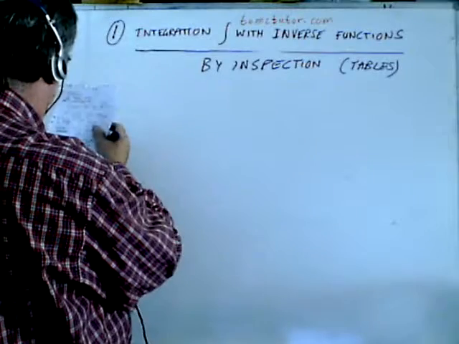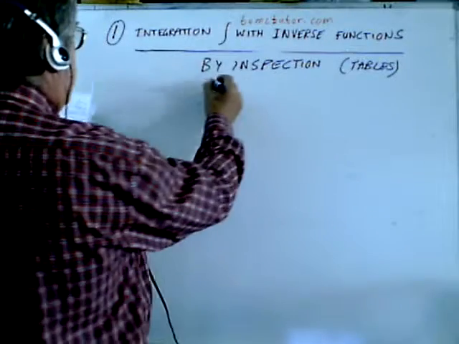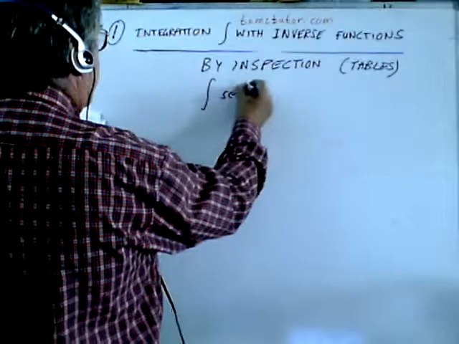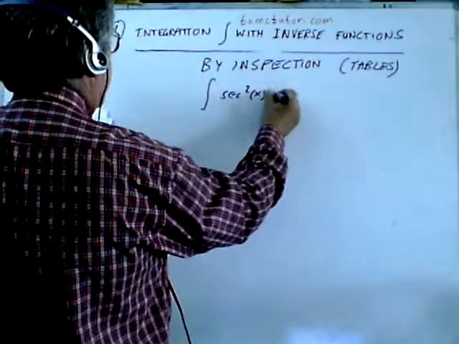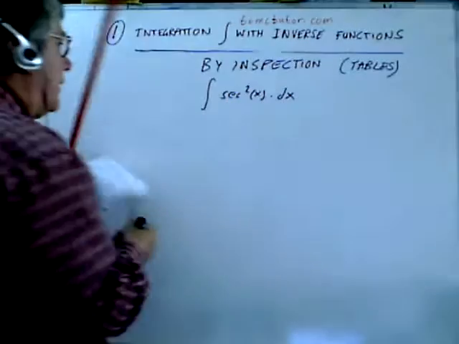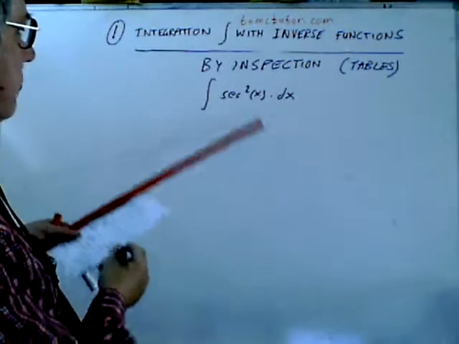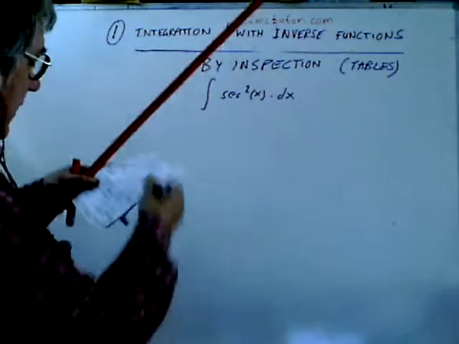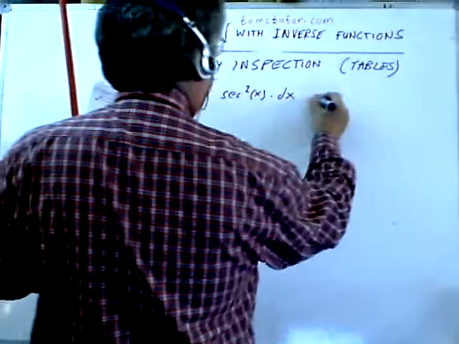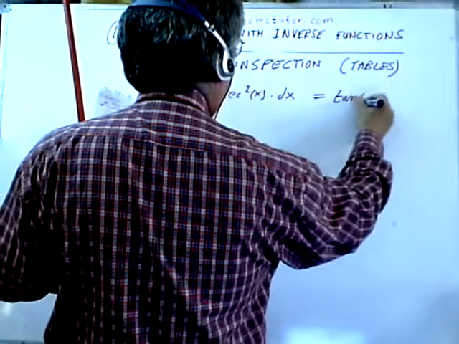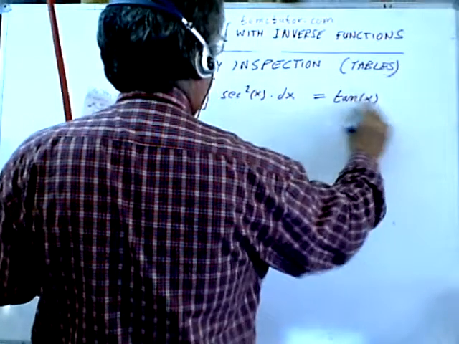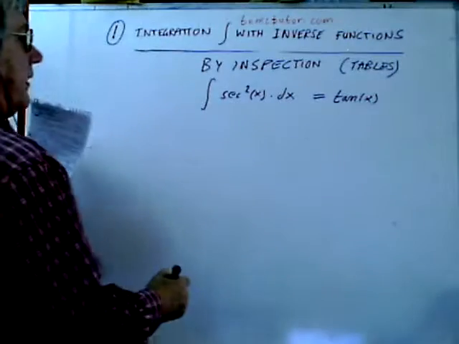So for instance, an example there would be the integral of sec squared x dx. Now you're looking at that and you go, I haven't got a clue. But when you look up the table, you'll see that that's the tangent function, plus its constant of integration.